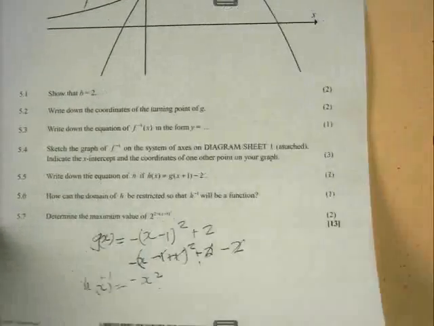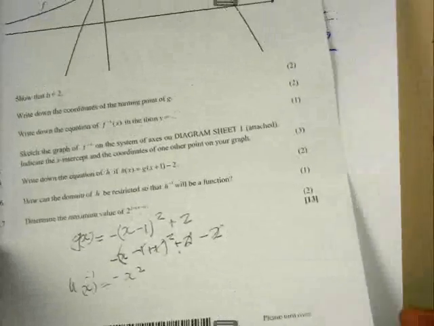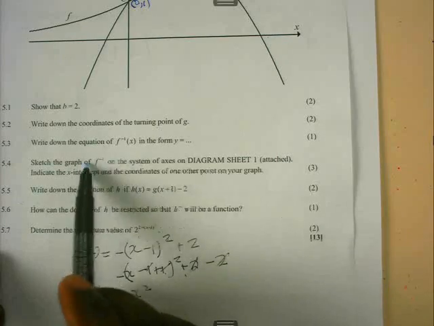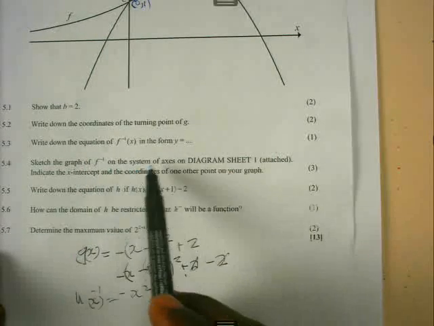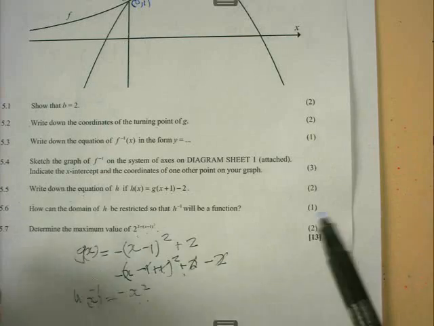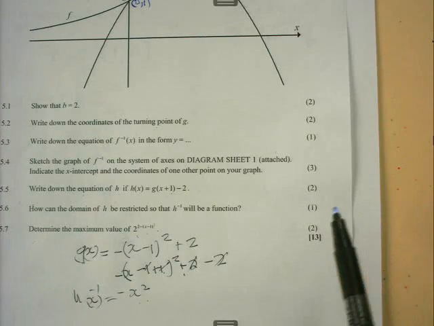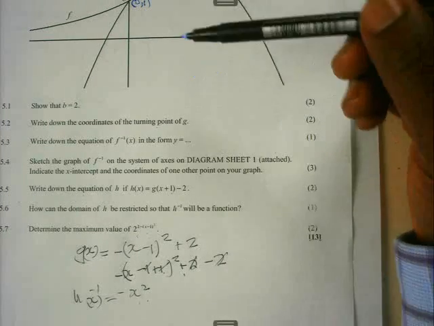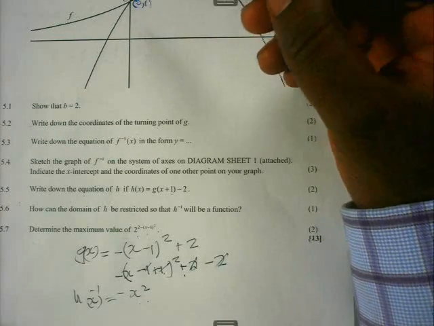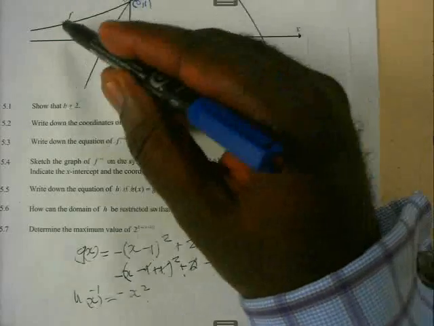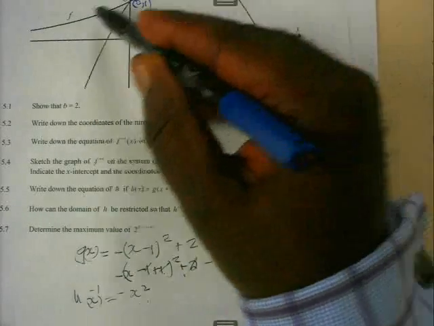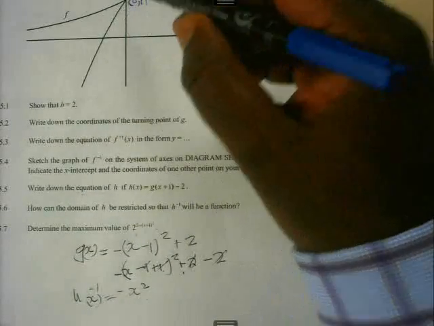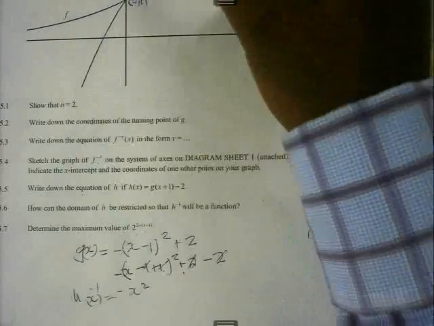Right, let's quickly go to 5.4, wherein it says you must sketch the graph of the inverse of f on the system of axes on the diagram sheet provided. For you to be able to sketch that, please remember, you go back to your function graph and ask, what was the intercept of the function with the y-axis?